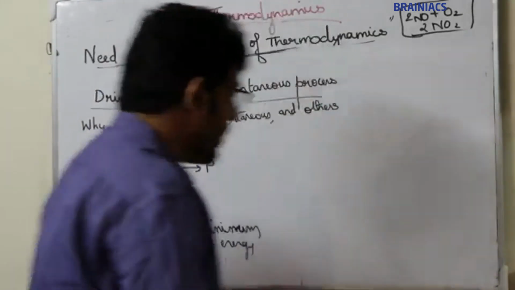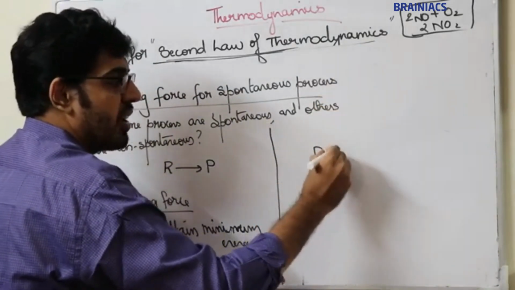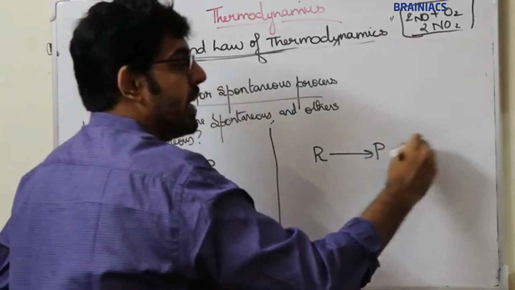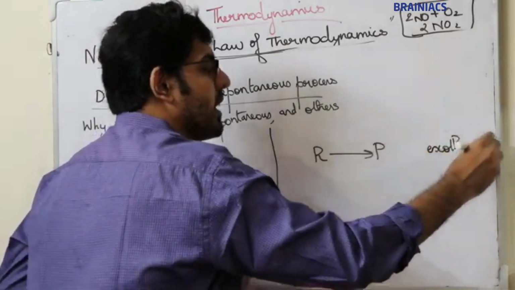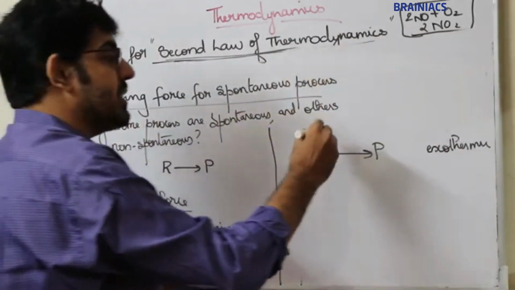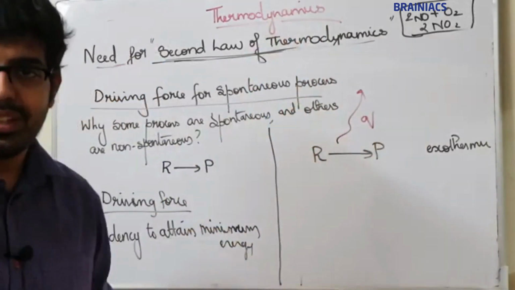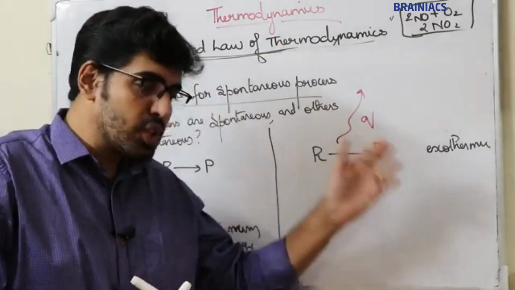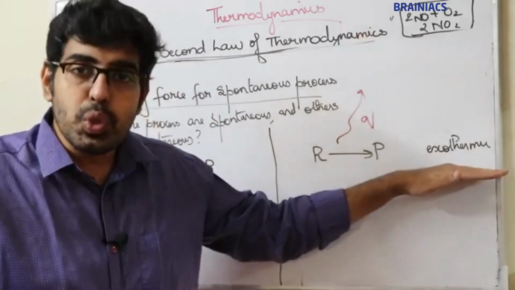Now, consider a reaction where reactant is converted to product. Let the reaction be exothermic. Exothermic means energy is liberated during the reaction, in the form of heat. So if the reaction occurs by liberating heat, then those reactions are exothermic in nature.